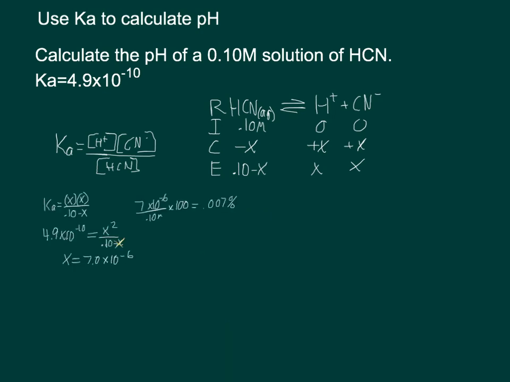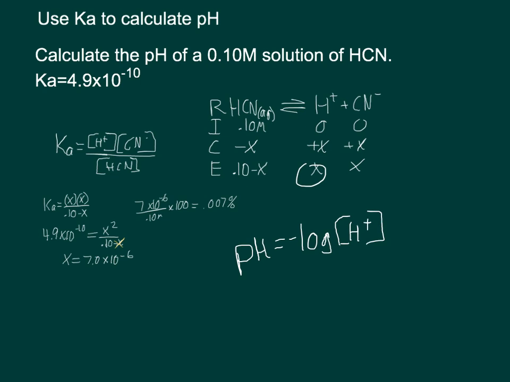Okay, so now all that's left is to calculate the pH. Since we now know the value of x, which is the concentration of H+ at equilibrium, we can simply say the pH is equal to the negative log of the concentration of H+.